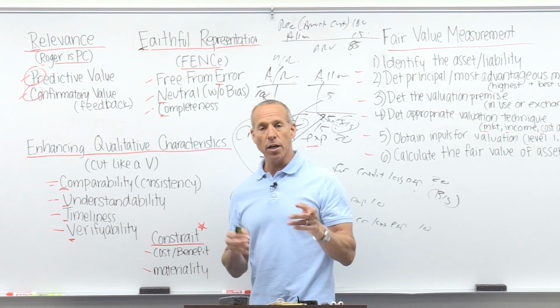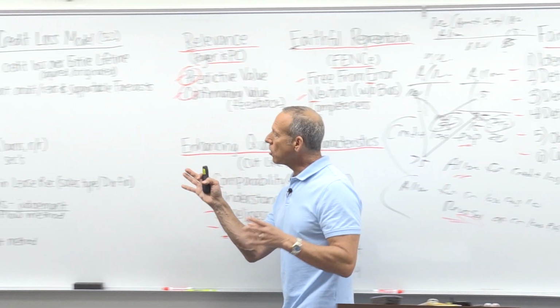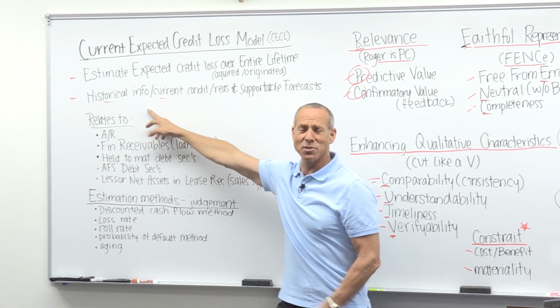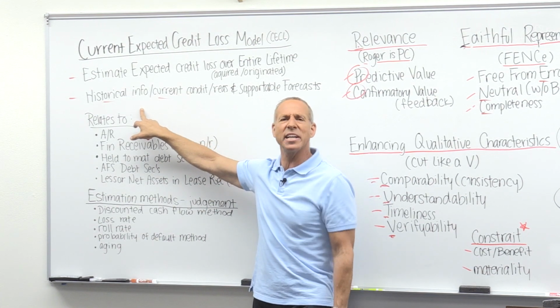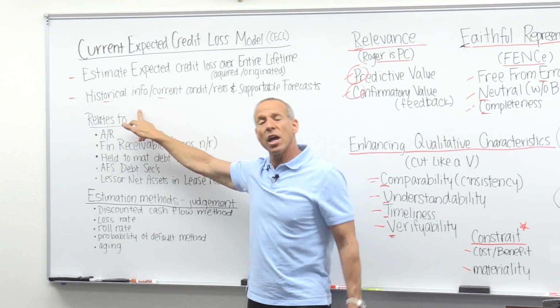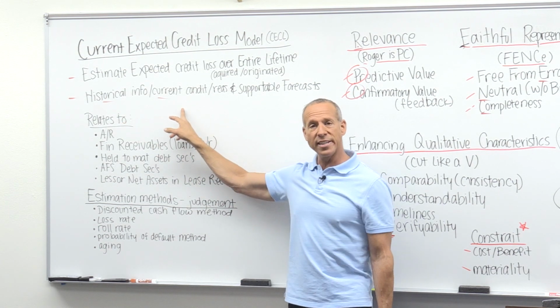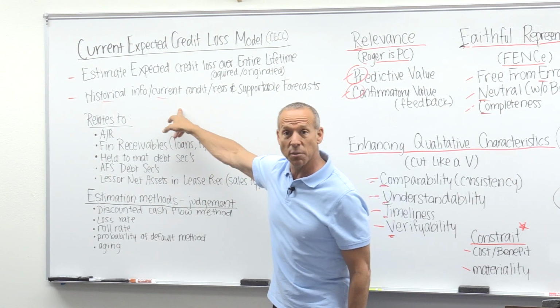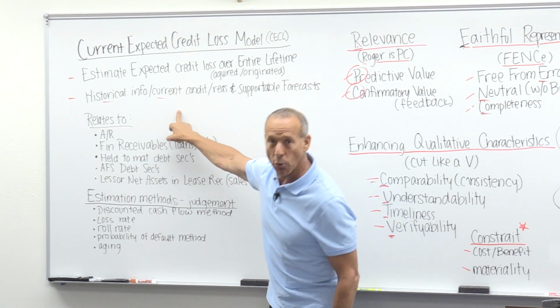Now, if you look over here, as I mentioned earlier, we can base it on historical. Again, looking back, we say, well, historically 97% is what we're going to collect. Okay, then that's what I'm going to hit. Current conditions, saying, wow, the economy's kind of bad lately. Maybe collectability is going to drop because more people are going to go into default.